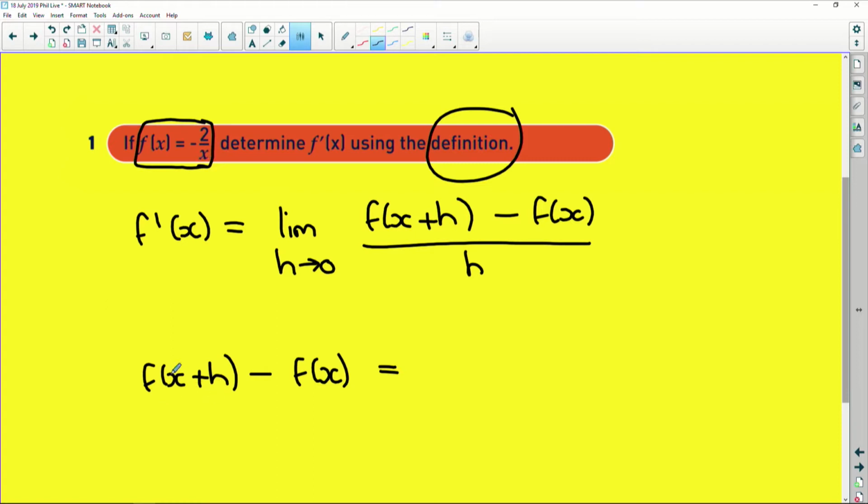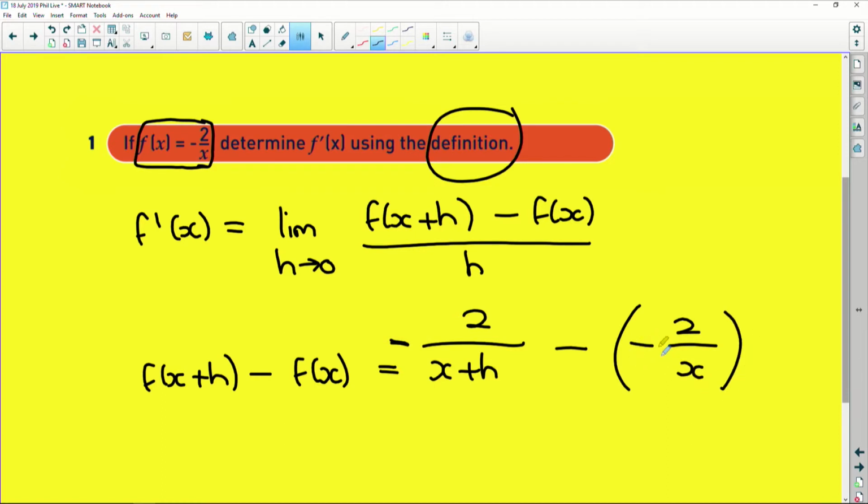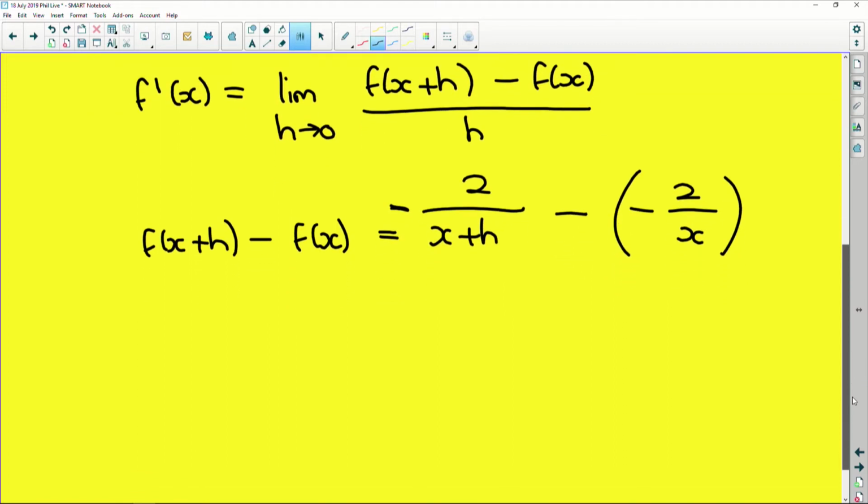So f of x plus h is equal to negative 2 over x plus h. Okay, so this whole expression here is f of x plus h. Now we need to subtract the original function. So we're going to have minus negative 2 over x. Don't forget that sign there. The original function has a negative. So let's carry on and simplify this.